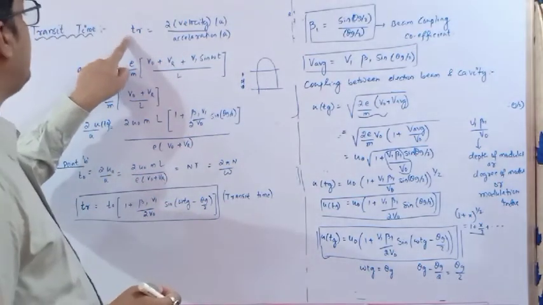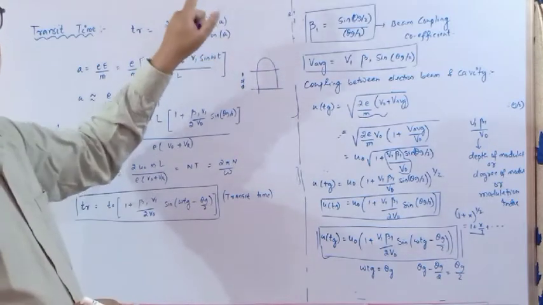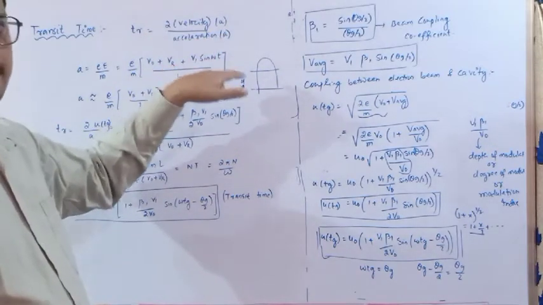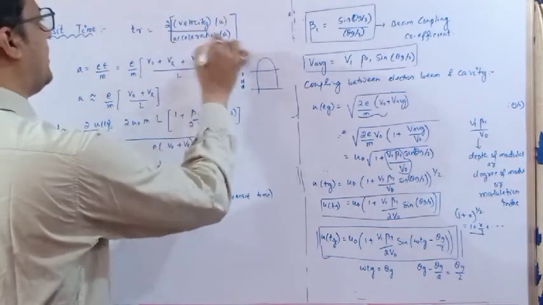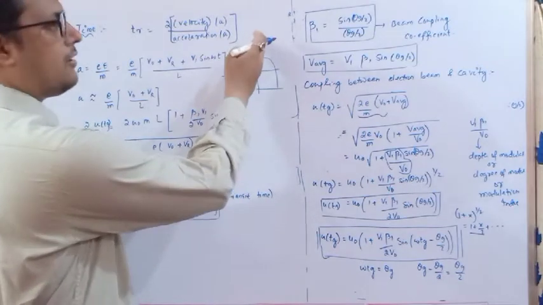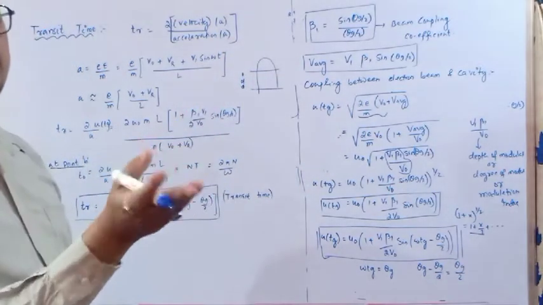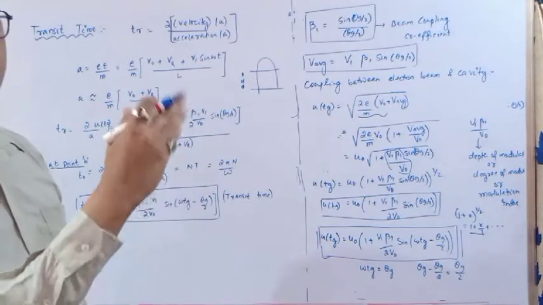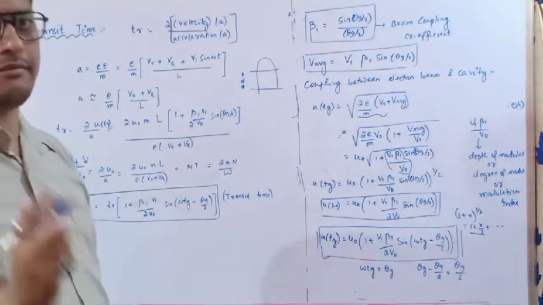So the transit time is twice the velocity divided by the acceleration, twice because once it will cross and again come into the same gap. It is to and fro, so velocity by acceleration of an electron.